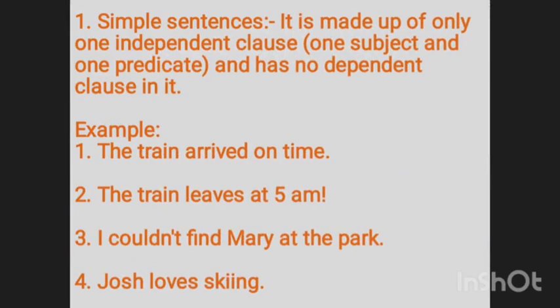Let's look at the simple sentences. Now, a simple sentence is a sentence that has only one independent clause. It has only one independent clause and does not contain any dependent or subordinate clause in it at all. For example, the train arrived on time.